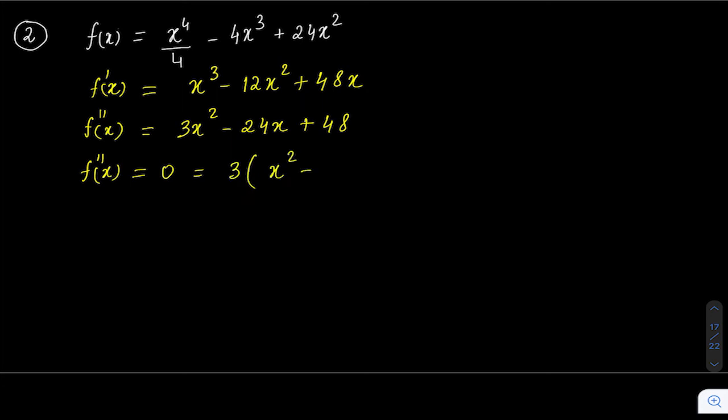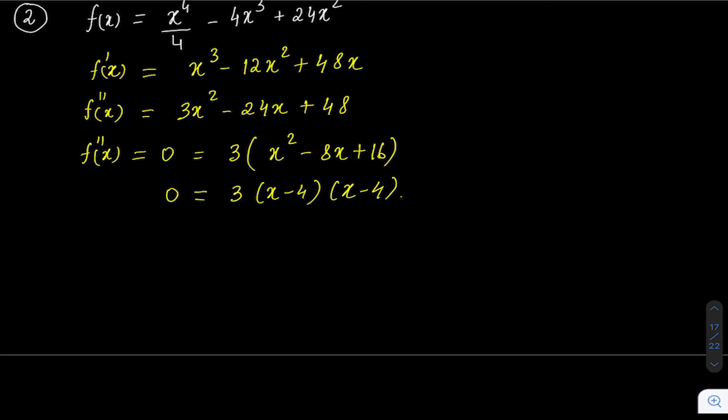This is x square minus 8x plus 16. Let's try to make factors of this. 0 equals 3 into x minus 4, x minus 4. So from this we are getting x as 4, where f double dash x is 0.